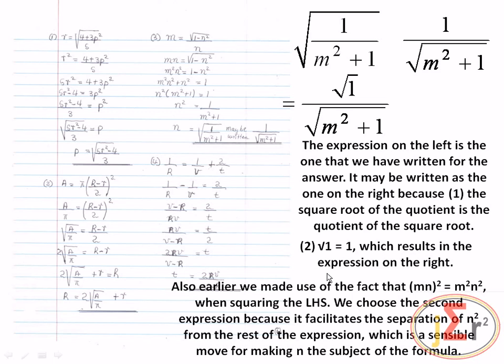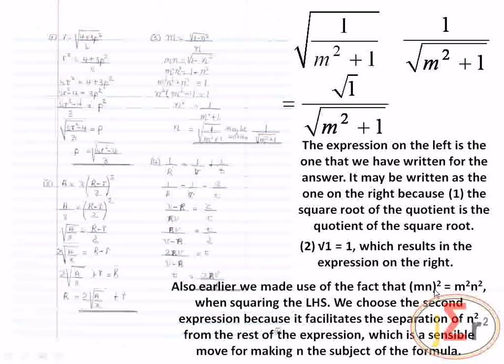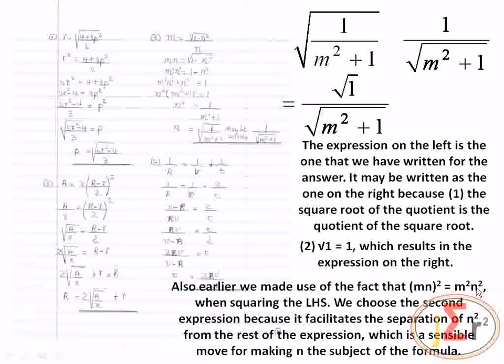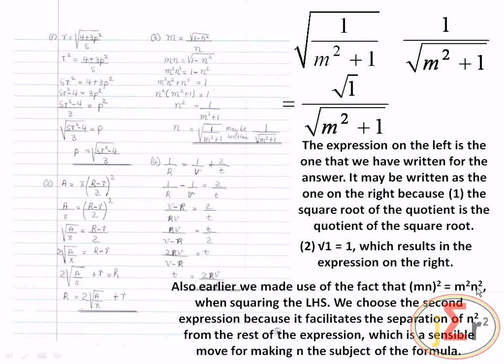So instead of doing this on the left hand side, we did this. As a matter of fact, they are equal. But why did we choose this? Because separating them instead of taking them together facilitates making n the subject of the formula.